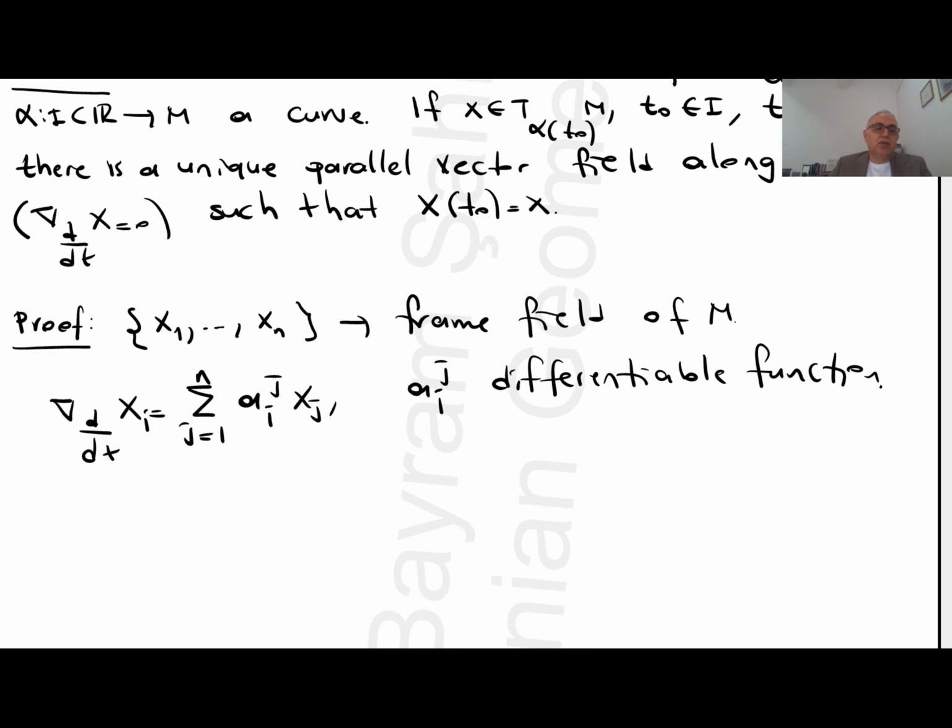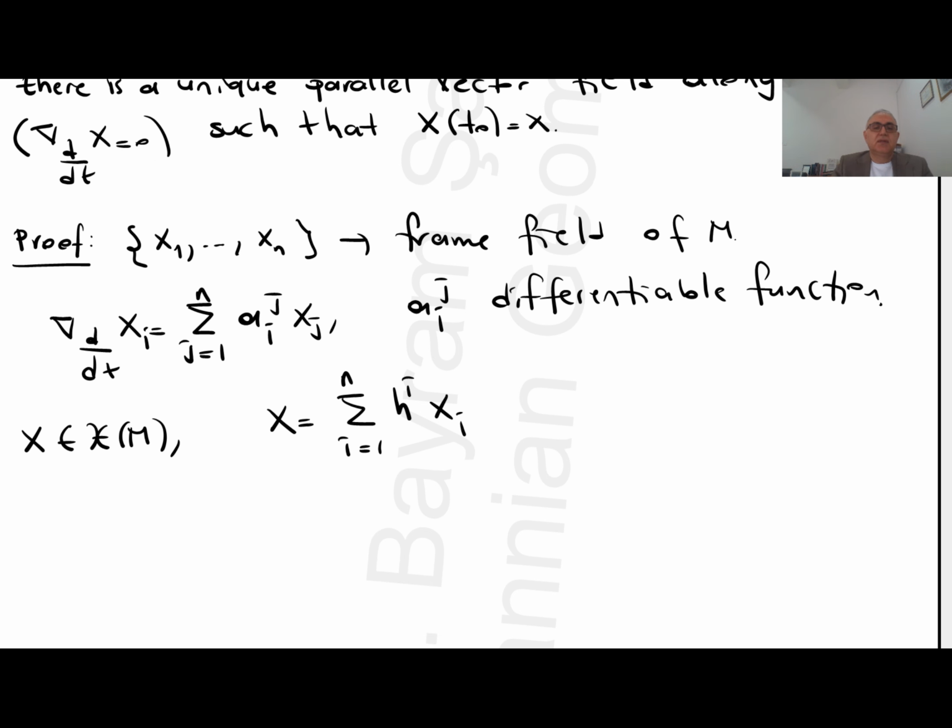Also, if you have a vector field, you can write x as the sum over i from 1 to n of h_i x_i. So this is a vector field on the manifold.